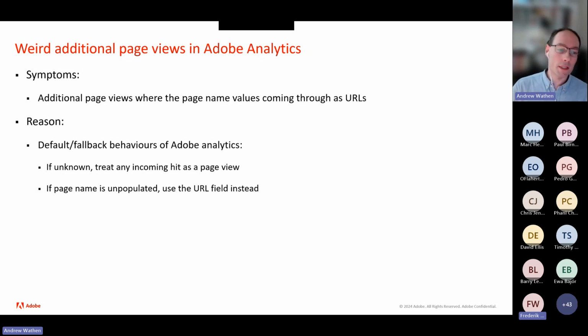And if you haven't populated page name, it will use the URL field instead. So really just one to watch out for in your testing. If you're seeing that, that's what's happening. What you need to do is go back and look at the config that you've got set up to make sure that things are correctly populated, and obviously that these things are firing when you want them to fire.